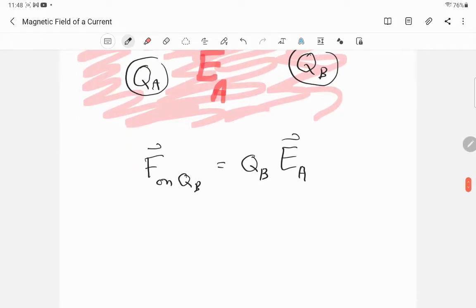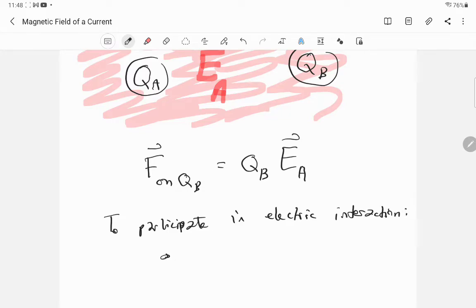Again, to participate in electric interaction, you must have charge. If some object A does not have charge, it cannot have an electric field, and it cannot participate in electric force.